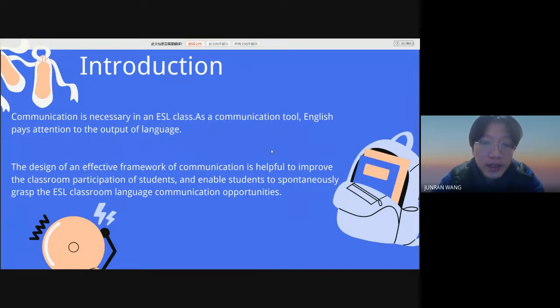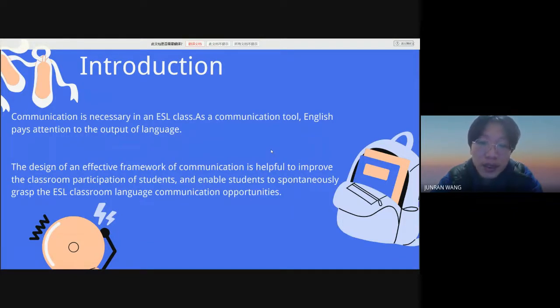Communication is necessary in an ESL class as a communication tool. English pays attention to the output of language. However, in ESL class, most Chinese students used to learn English by reading and reciting, but seldom have the opportunity to speak English. So such long-term language learning will affect students' use of English in class.